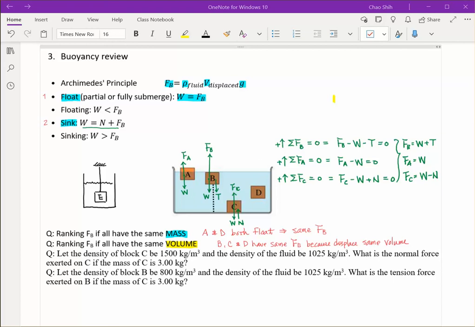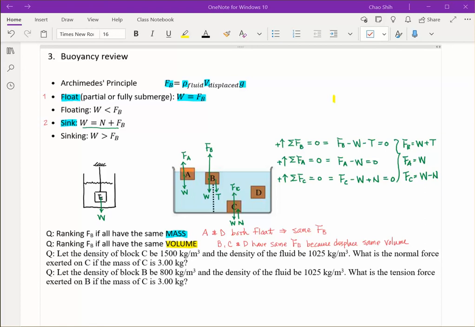If you look at E, then let's look at the free body diagram. You have a weight going down. In this situation, do you think the density of this object is higher or smaller than the fluid? It's going to be higher because it's actually sinking. If you don't have a string, it's going to go down. And that's why the string over here is going to have some kind of string force.